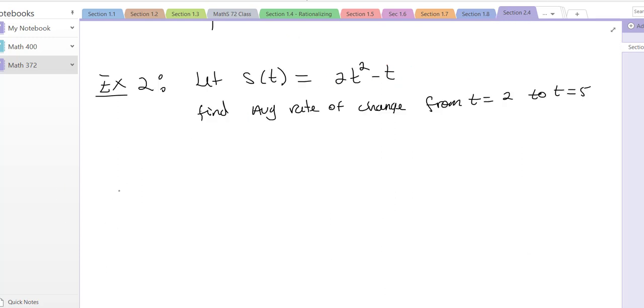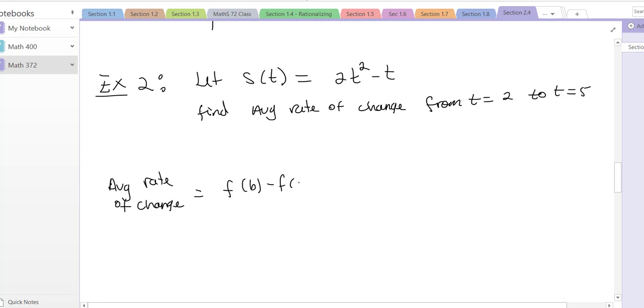All right, so from before we know the average rate of change is f of b minus f of a over b minus a. And you can adjust it to your particular function, right? So in this case, it's going to be s of b, b is 5, minus s of a, a is 2, over b minus a.